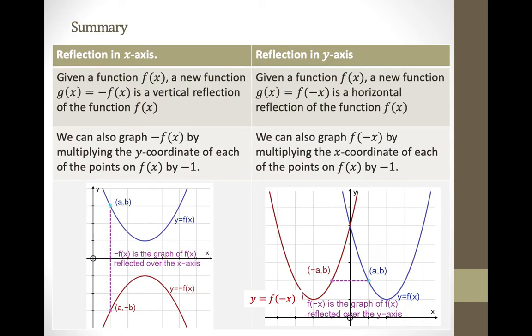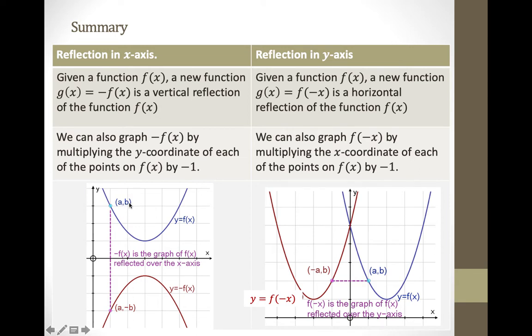So a bit of a summary. It would be something you should pause and record in your notes. Basically, if you're reflecting in the x-axis, your x value won't change. Your y value does though. It becomes the negative of it.